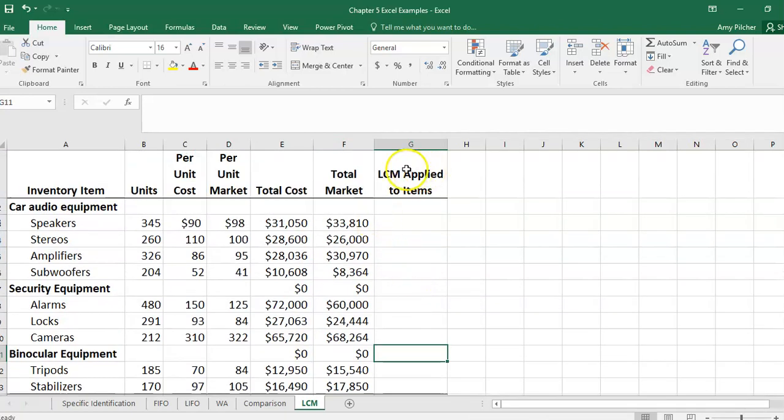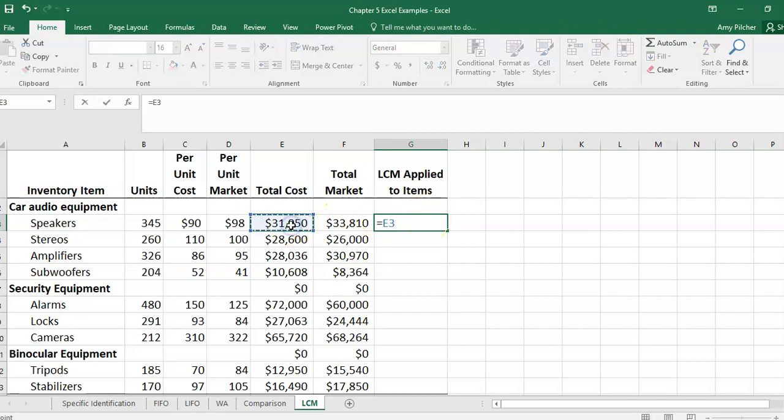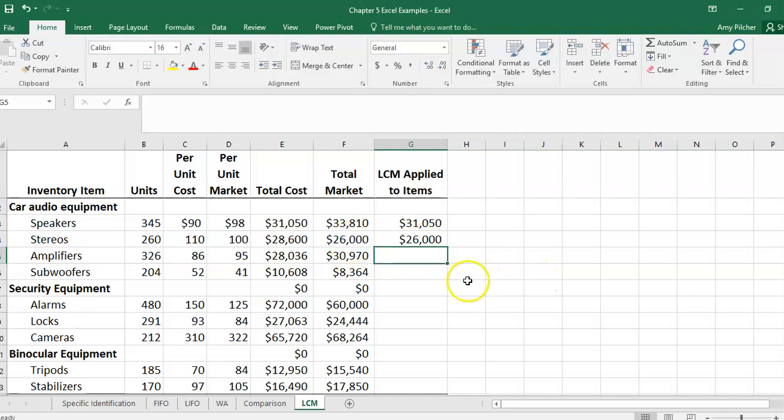In this last column, we want to determine what is the lower of cost or market. So we look at each item individually. For our speakers, it is the cost that is lower. For stereos, it's market cost. For amplifiers, it's our historic cost. For subwoofers, market cost.